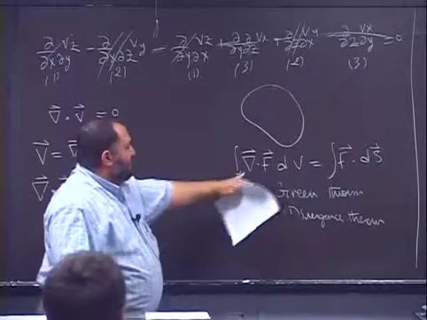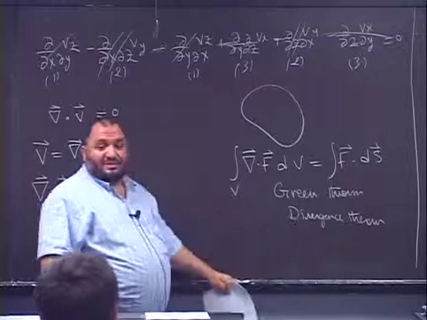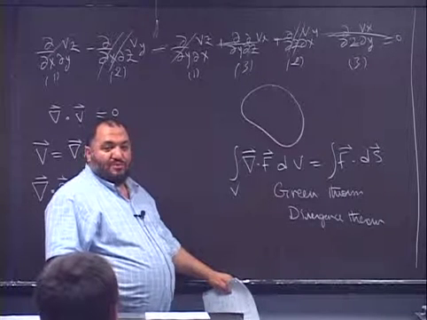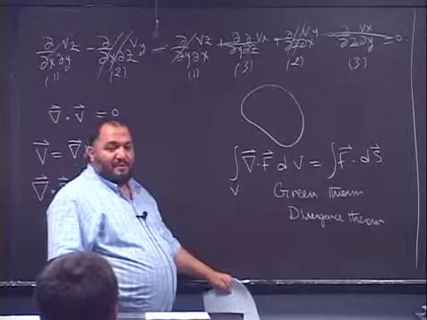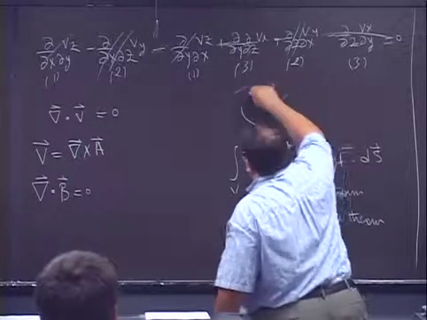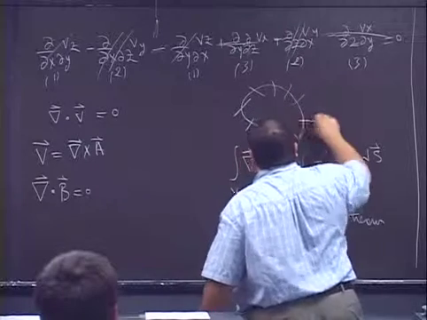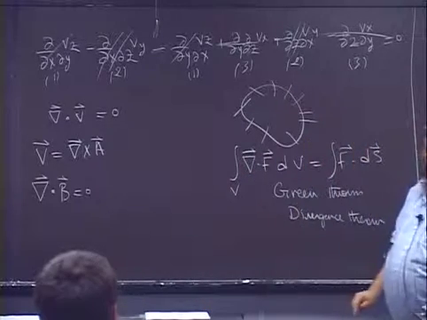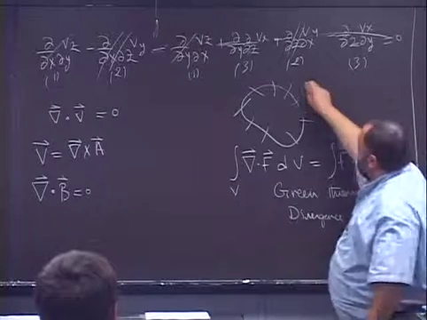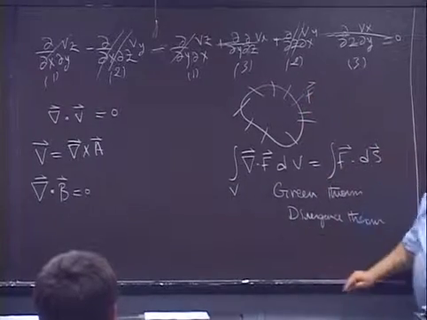So if the divergence of the function is equal to 0, what does it mean? It means that the integral of your function over the surface is equal to 0. A certain vector function you integrated over a surface is equal to 0.